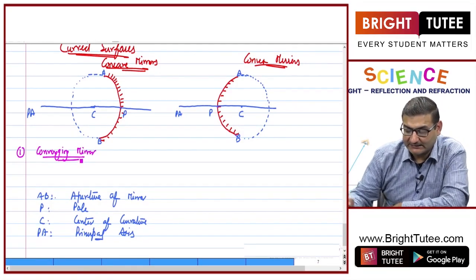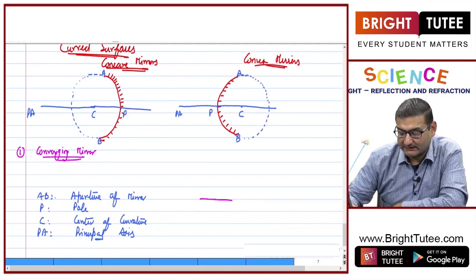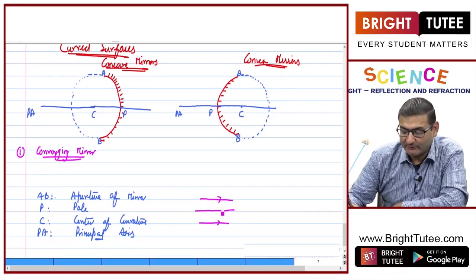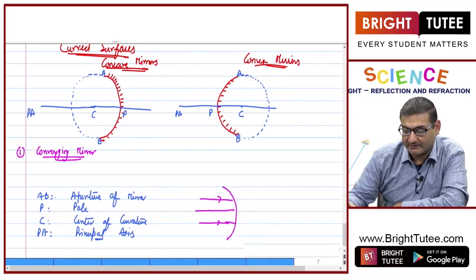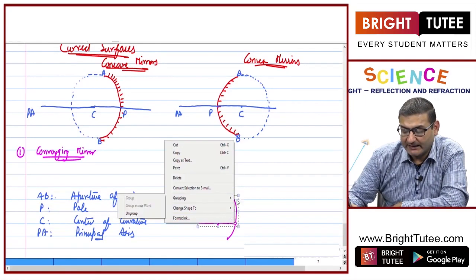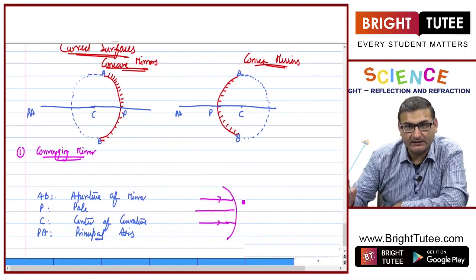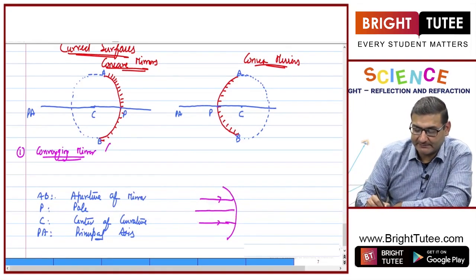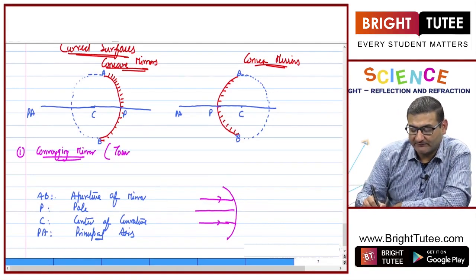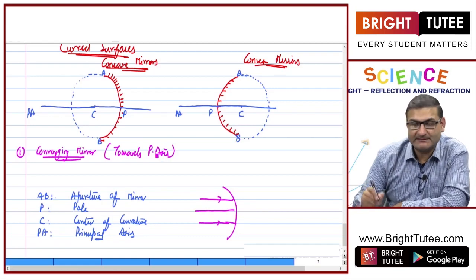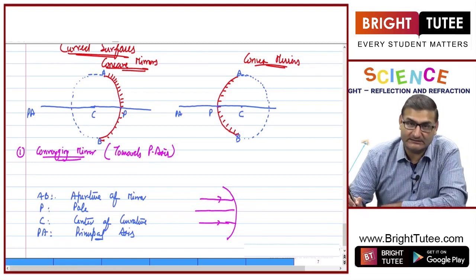Converging means that any ray of light coming parallel to the principal axis, assuming it to be this center line, any ray of light above the principal axis or below the principal axis, if it is coming and striking this concave mirror, after striking it will be reflected towards the principal axis. So the reflection of light takes place towards the principal axis. This is known as convergence.